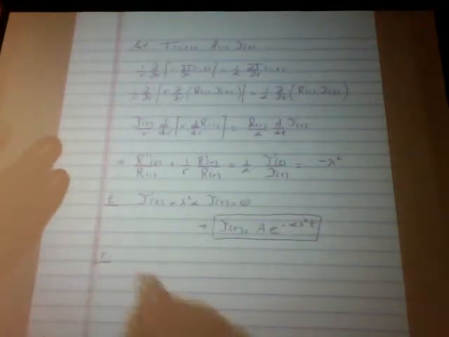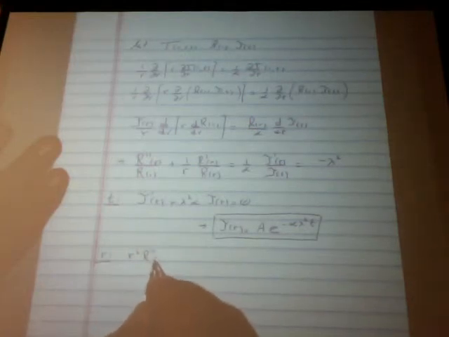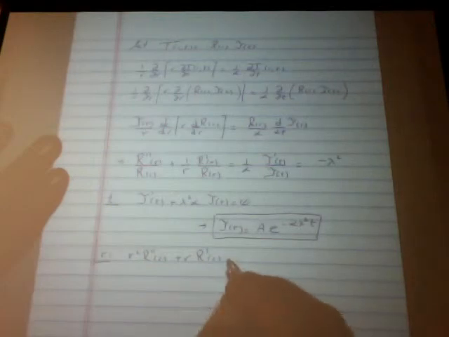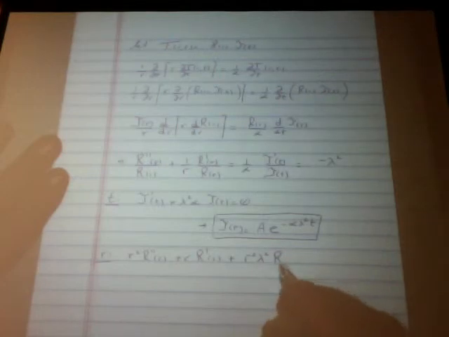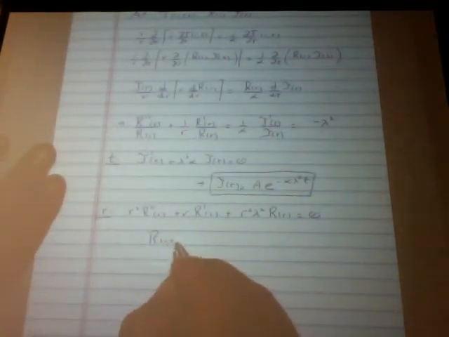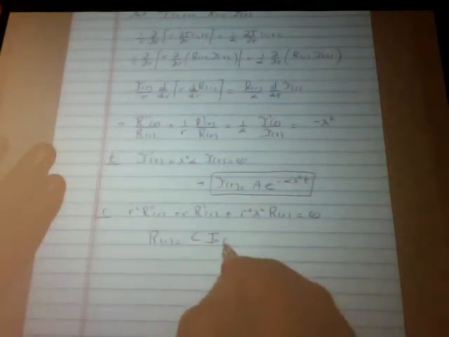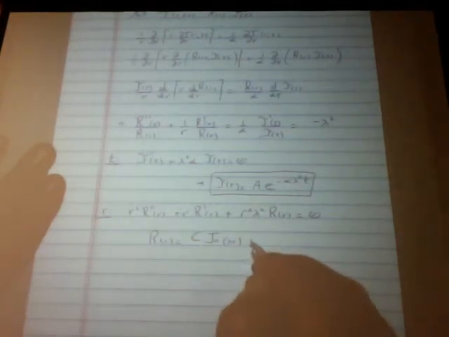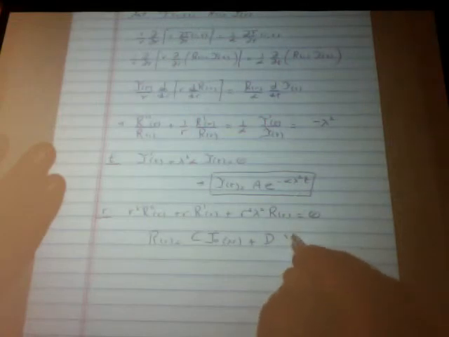The R problem looks like r squared R double prime of r plus r R prime of r plus r squared lambda squared R of r is equal to 0. So R of r is equal to C J0 of lambda r plus D Y0 of lambda r.